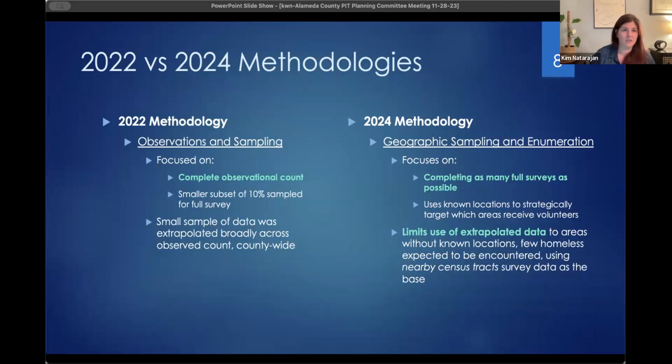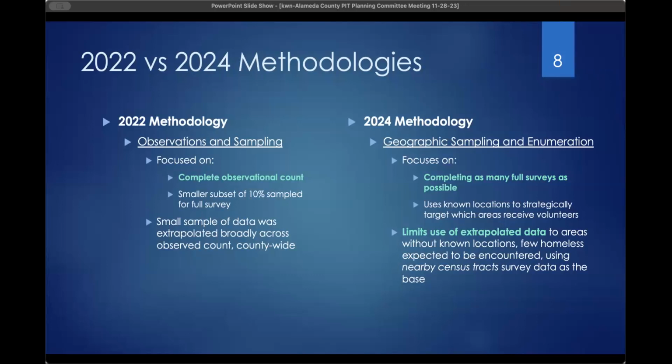In the new methodology for 2024, it's similar to that, but it has some key differences. The new methodology is called geographic sampling and enumeration, and it focuses on completing as many full surveys as possible. And it does that by using known locations to strategically target which areas need how many volunteers, so that we're sending our volunteer resources to where we know folks are definitely experiencing homelessness.